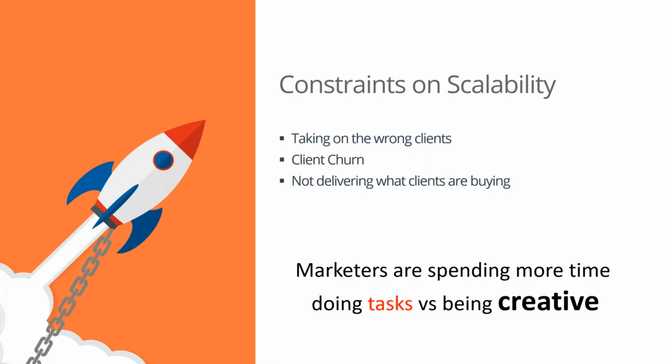And I argue taking on the wrong clients has a big impact on scalability. Another one clearly is churn. And finally, not delivering what clients are buying: there's a disconnect between what they're coming to you for and what you're producing. I think that's going to constrain your profitable growth.